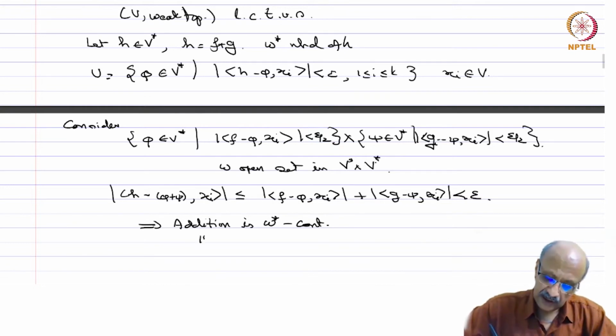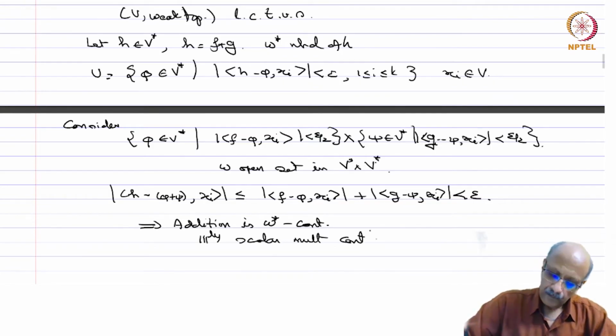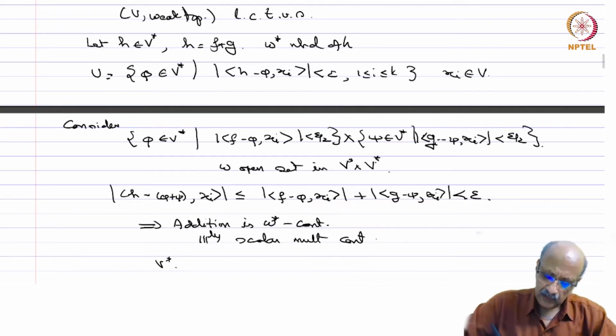And similarly scalar multiplication. Therefore V star with the weak star topology is also a locally convex topological vector space.